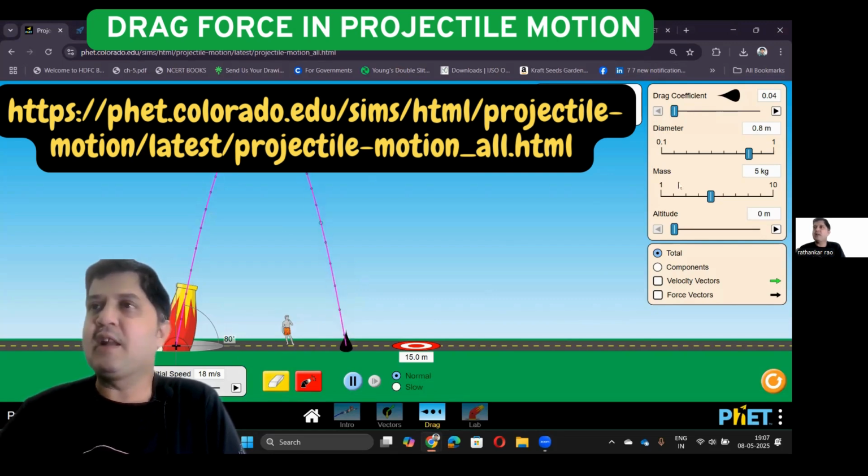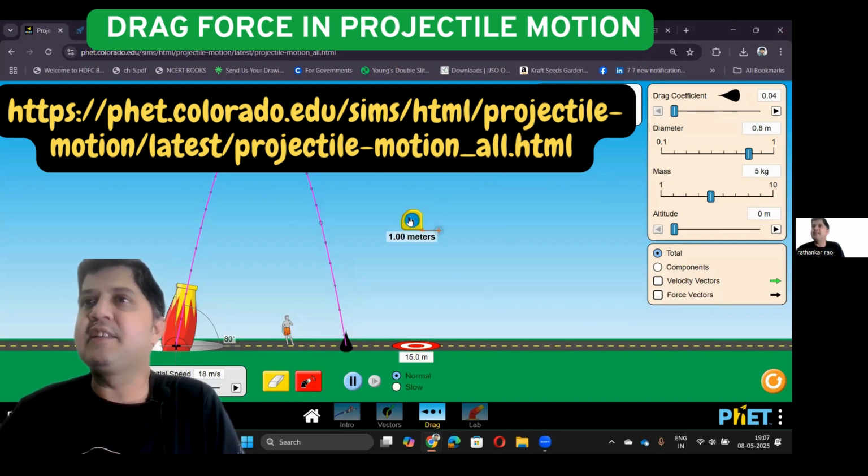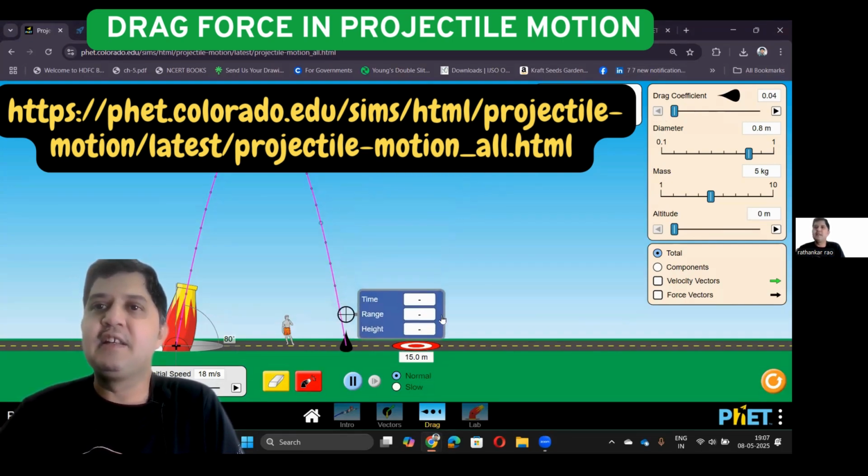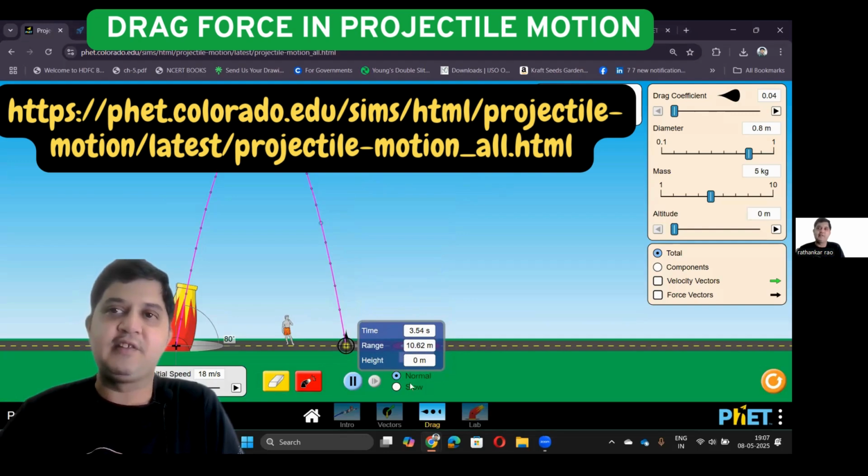Now what is the distance over here? The distance can be measured; the force, velocity, components and distance are measured here. I can take this value directly and keep the crosswire exactly at this point. It says the range is 10.62 meters and the height is 0 meters, which means the vertical height with respect to the ground is 0 at this point.